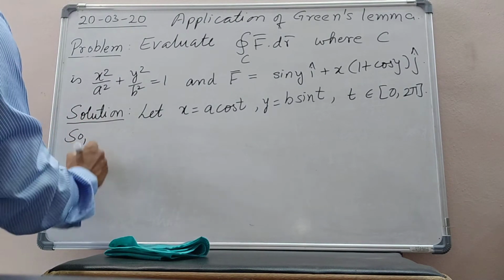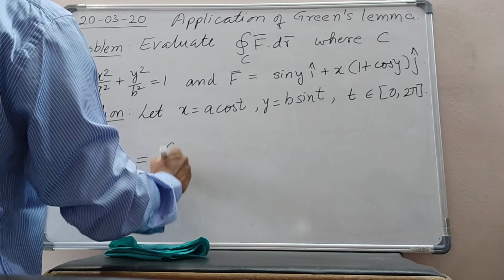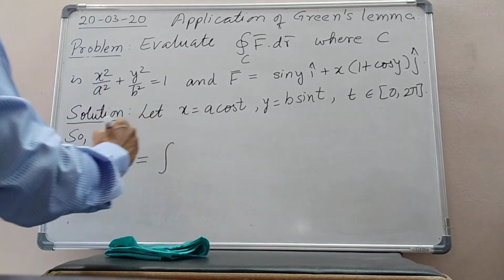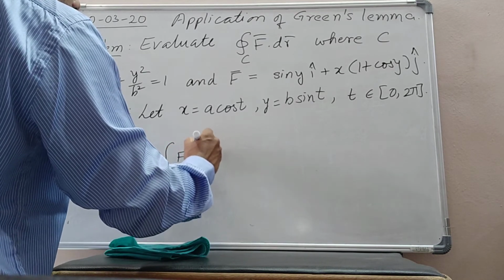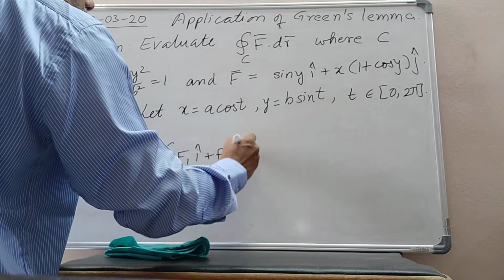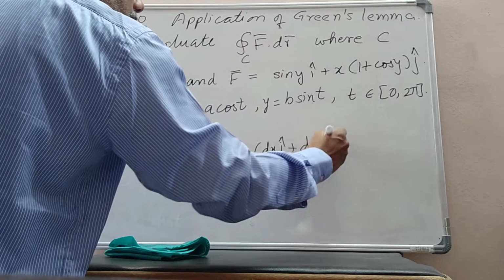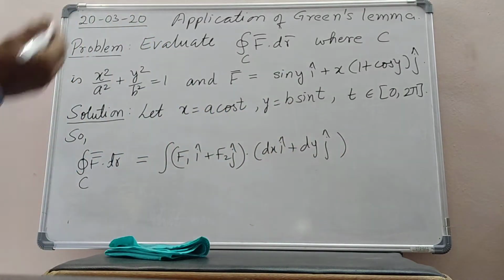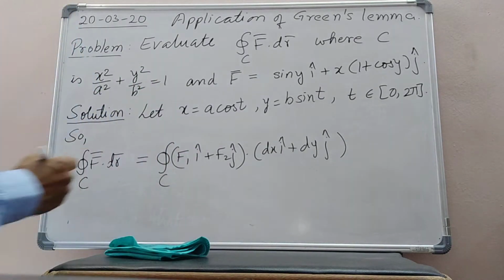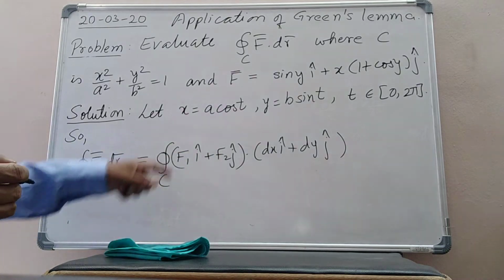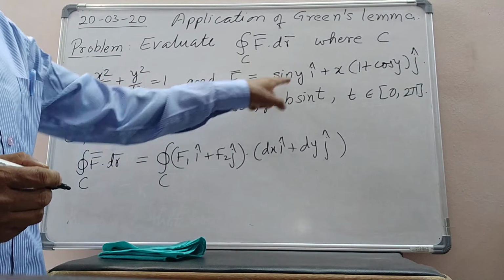So this time I'm doing it like this, where it's obvious what f1 and f2 are. So f1 is the coefficient of i, therefore f1 is sin y.